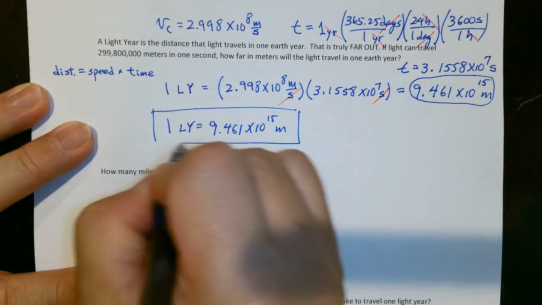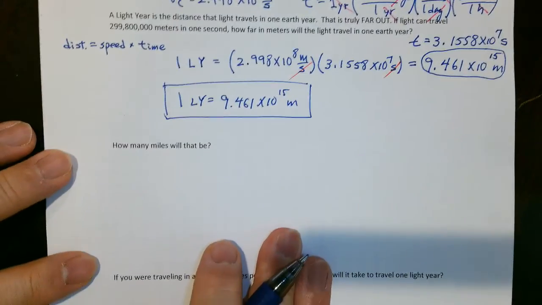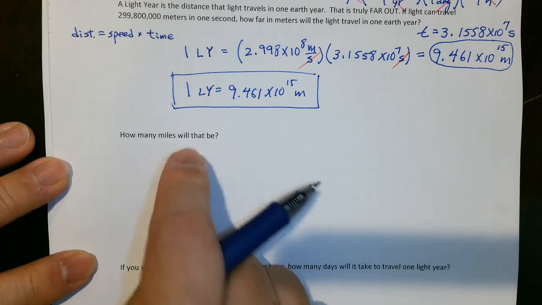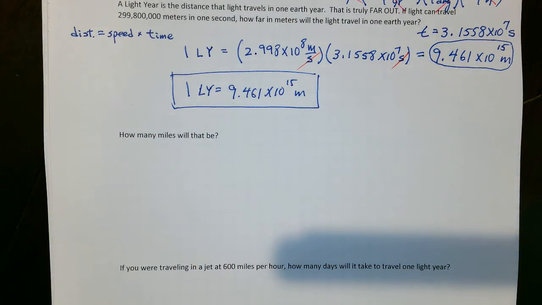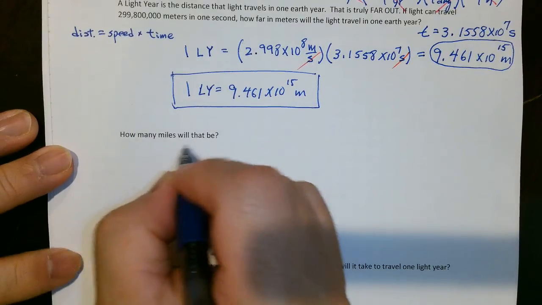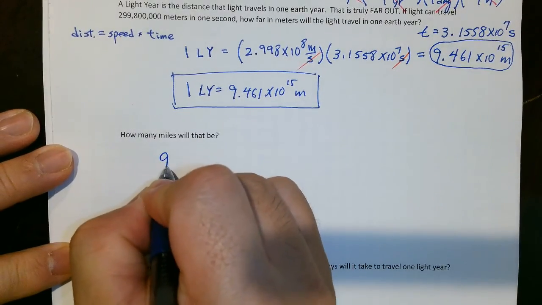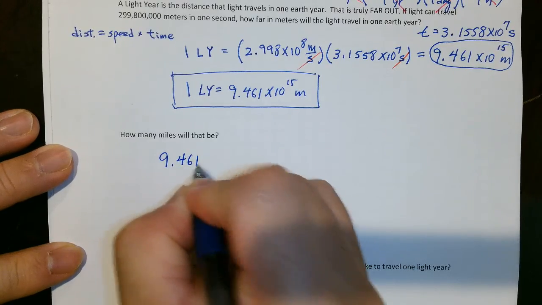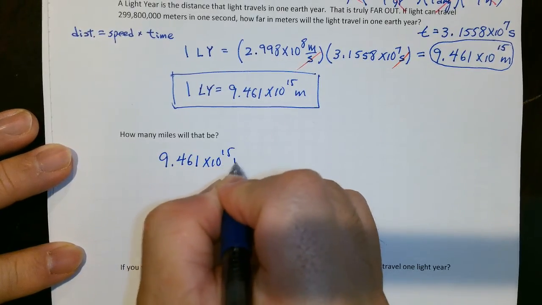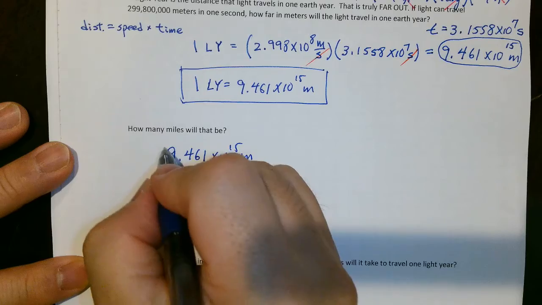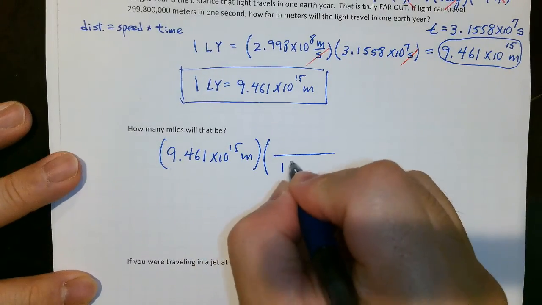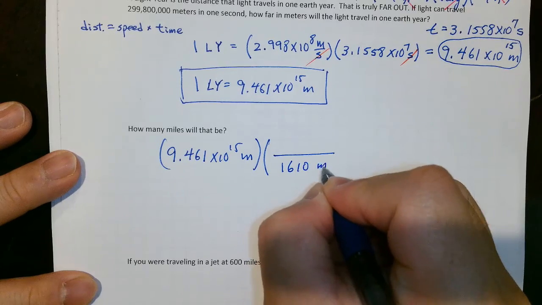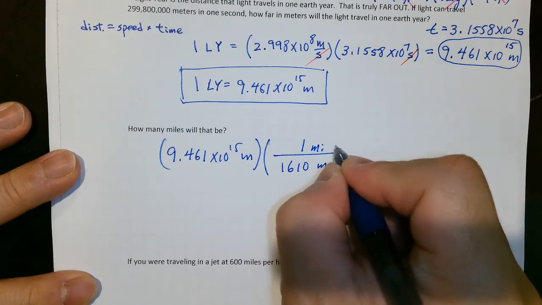Well, once we know that, we can move to the next one. How many miles will that be? Well, we already know how to do this. So now that we know 9.461 times 10 to the 15th meters is 1 light year, we can convert that into miles by saying there are 1,610 meters in 1 mile.